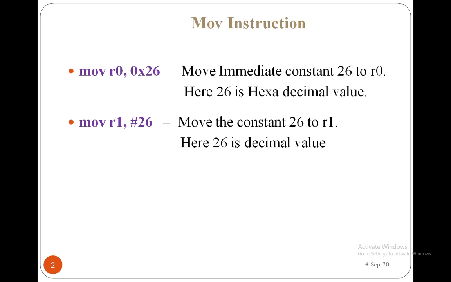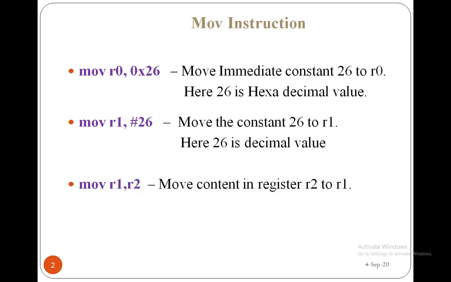But after executing this statement, R1 contains the hexadecimal equivalent of 26. Remember that point. These are the two ways of directly sending data to the registers using the MOV statement. You can also transfer data from one register to another by using MOV R1, R2. Here R1 is the destination, that is, the contents of register R2 are transferred to the R1 register.